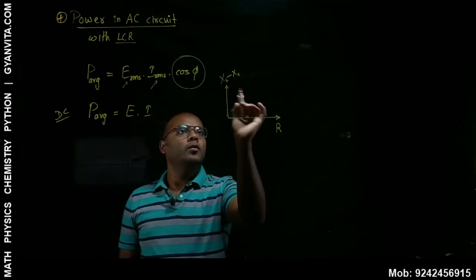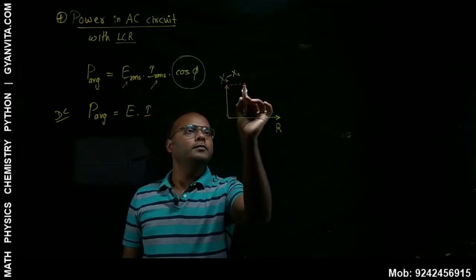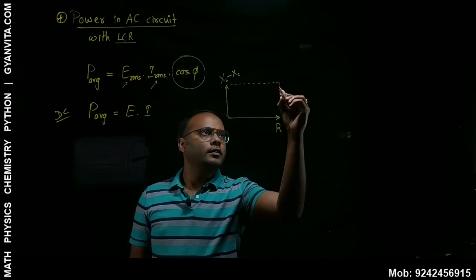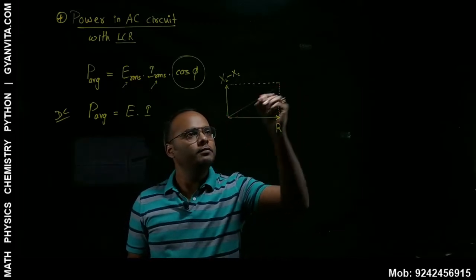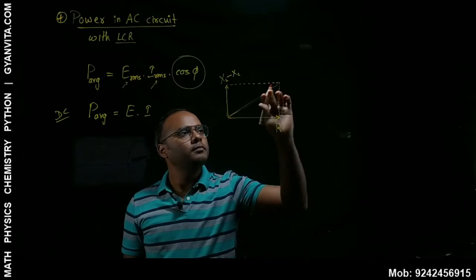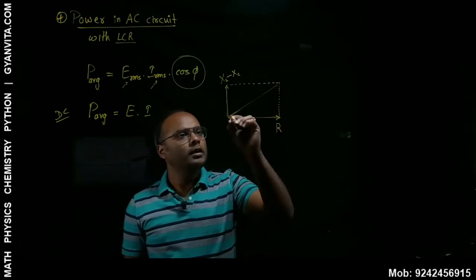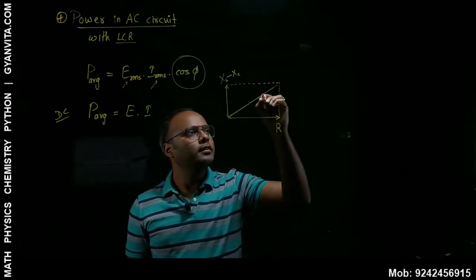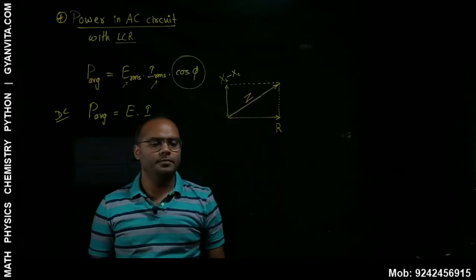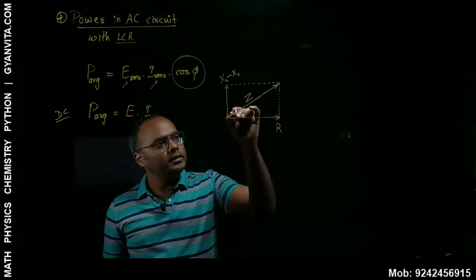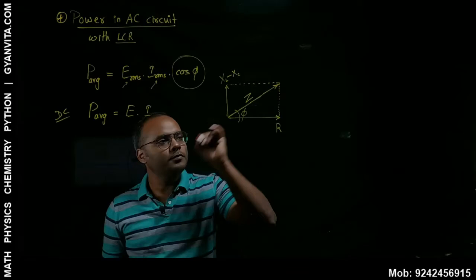Now we have seen that if I join this, make a parallelogram, and then take this vector, this vector here is nothing but the impedance Z, and this is the final phase difference phi.